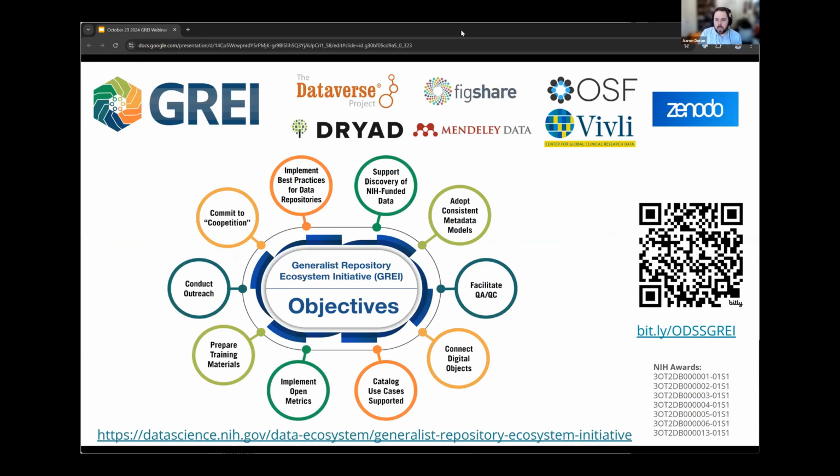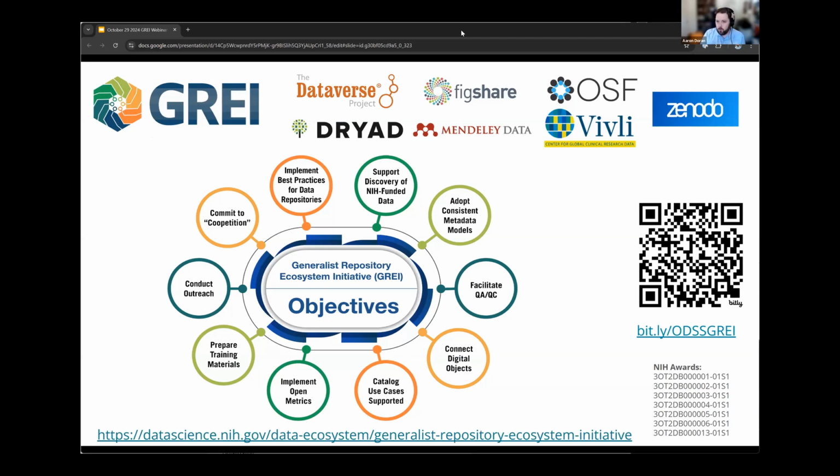GREI is an initiative sponsored by the NIH, where seven member repositories that you can see listed up at the top have come together in what is called a co-opetition model to help make the generalist repositories that are available to you as researchers better and consistent. We can see these objectives also listed on the slide.